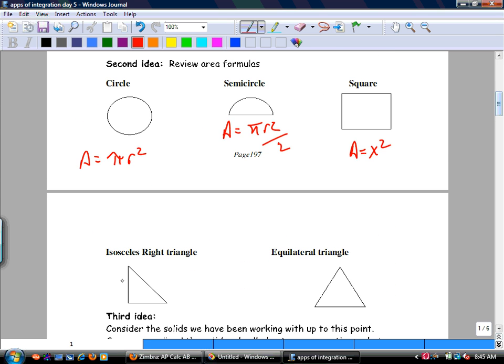Isosceles right triangle: one half x squared. An isosceles right triangle is just half a square. Probably never said that like that to you in grade 8, but okay, equilateral triangle.